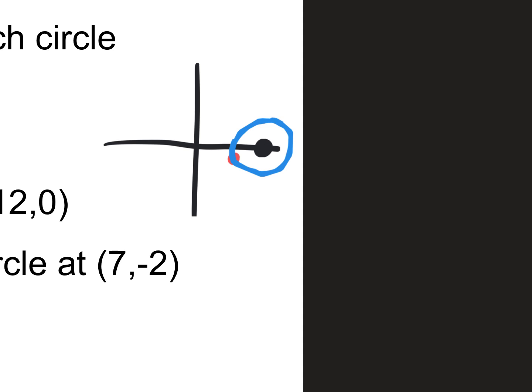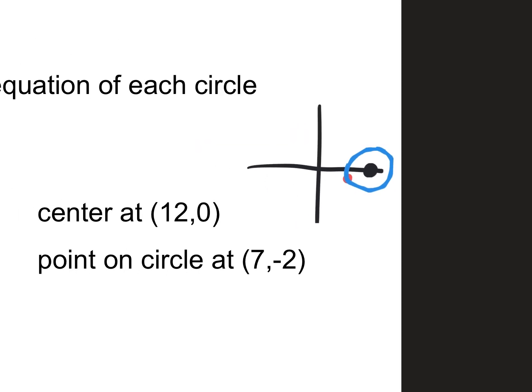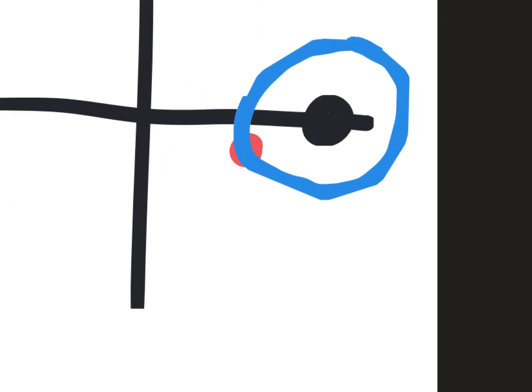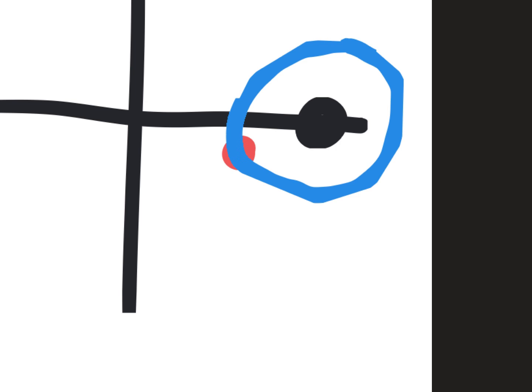A point that your circle passes through is 7, negative 2. So you've got to figure these things out. Well, I have h and k for the center, I'm not worried about that, but now it's about finding the radius: the distance from the center point to a point on the circle.